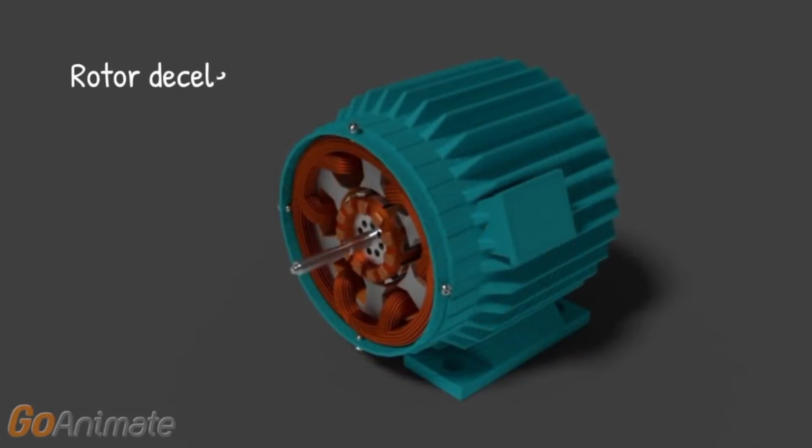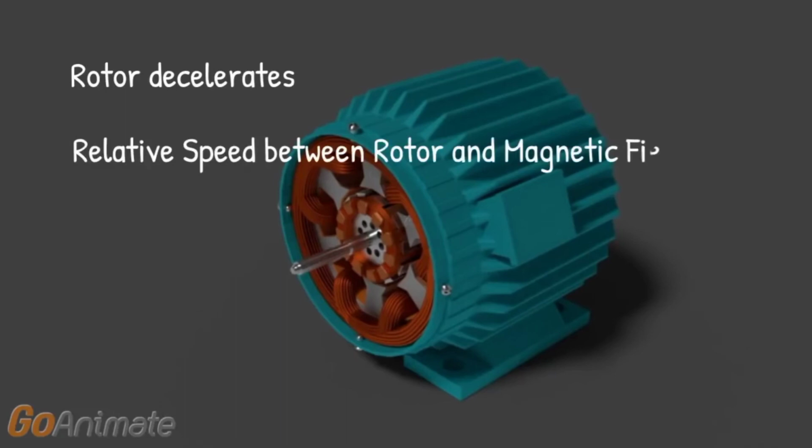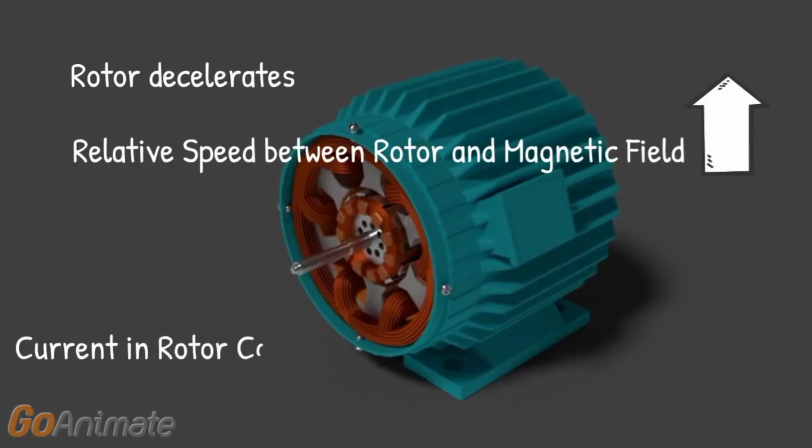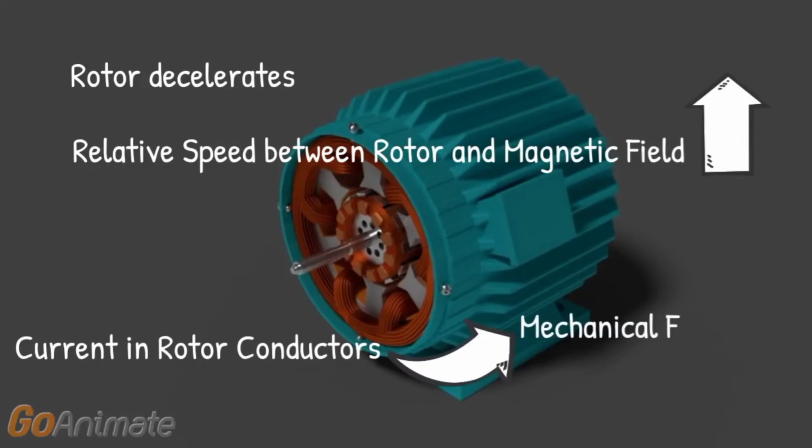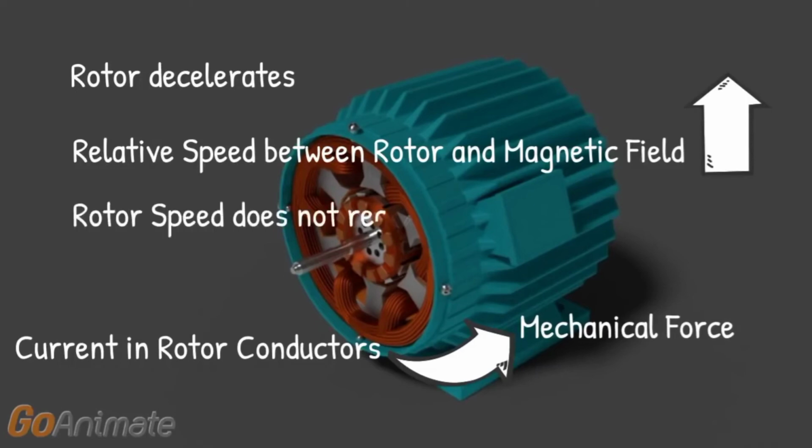Hence, the rotor decelerates. As the rotor decelerates, again a relative speed between rotor and rotating magnetic field is re-established, and hence there will again be current induced in the rotor conductor, which causes mechanical force to act again on it. As a result, the rotor again accelerates to reach the speed of the rotating magnetic field.